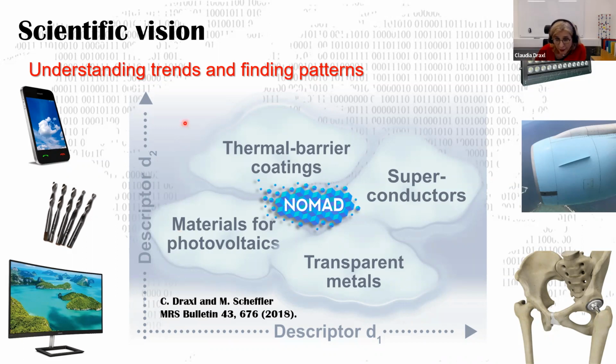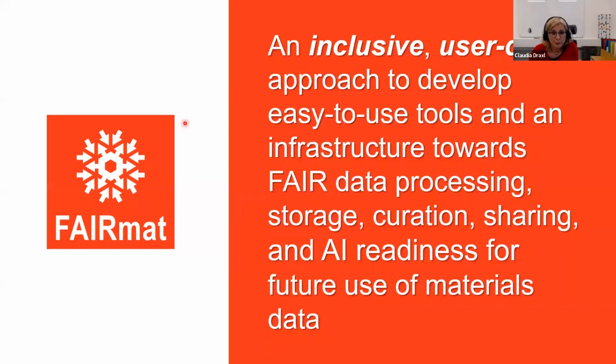In short, the project is called FAIRmat. FAIR stands for the FAIR principles: findable, accessible, interoperable, and reusable. And MAT stands for condensed matter physics and the chemical physics of solids. It's a project that recently got funded.